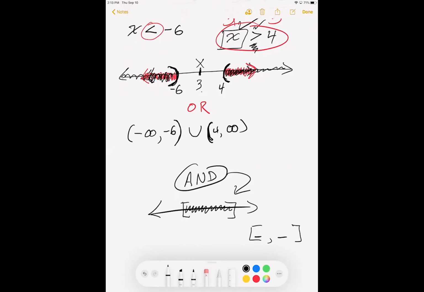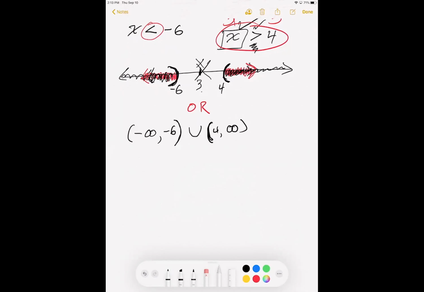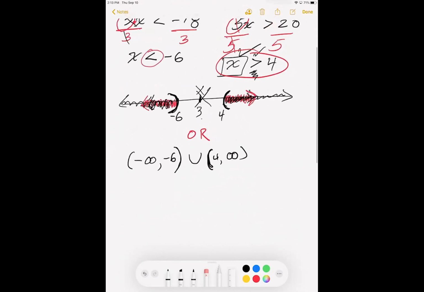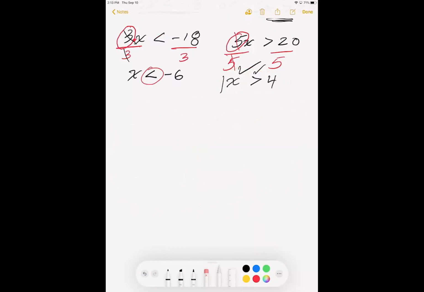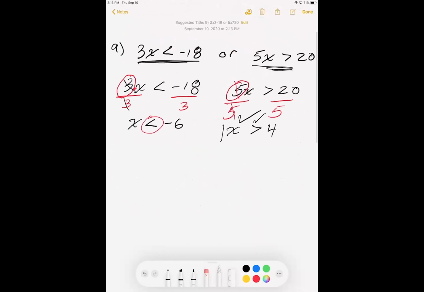So this group of numbers in between, we are not using, because those numbers do not fit the description. To be short, your OR graph will always go outward, and your interval notation will always have a gap in between.